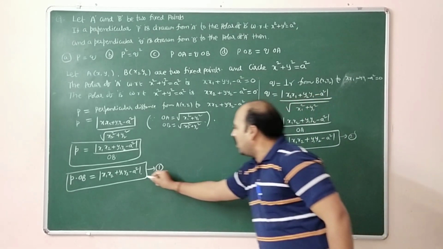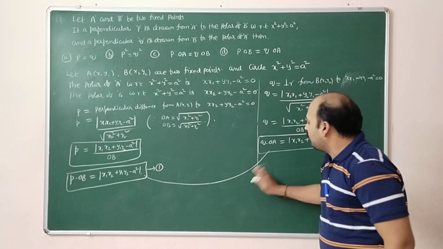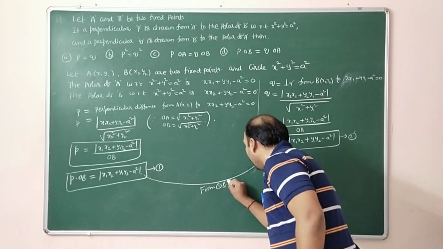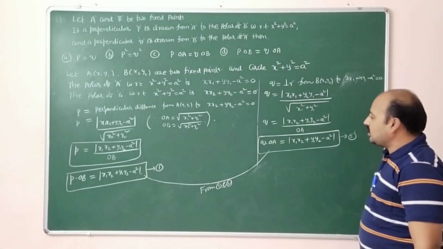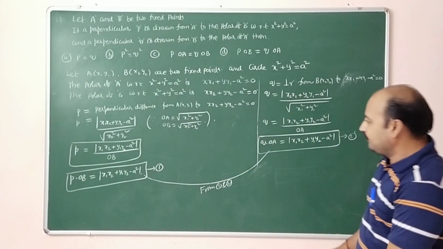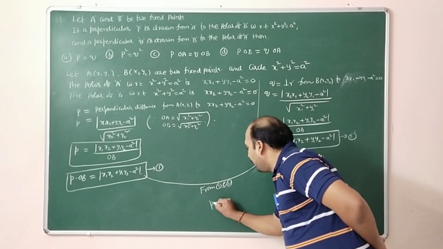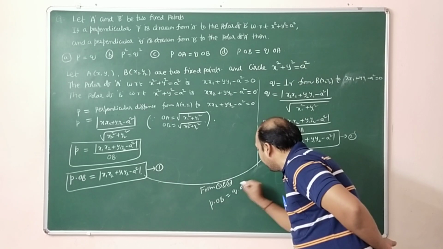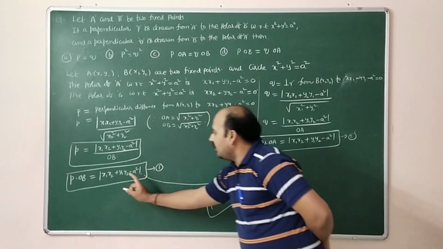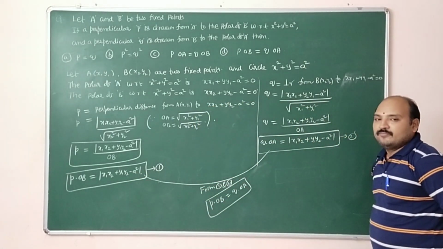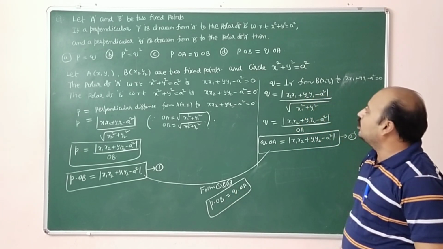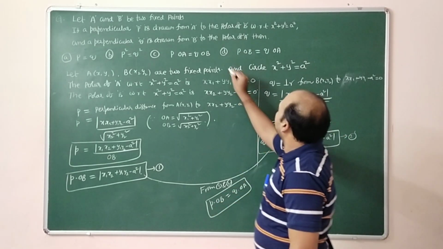From 1 and 2, what are we going to decide? If you observe, both RHS values are equal. So here, P into OB is equal to Q into OA. Why? Because both RHS are the same, so we can equate the LHS. So P into OB equal to Q into OA, which is there in the fourth option.